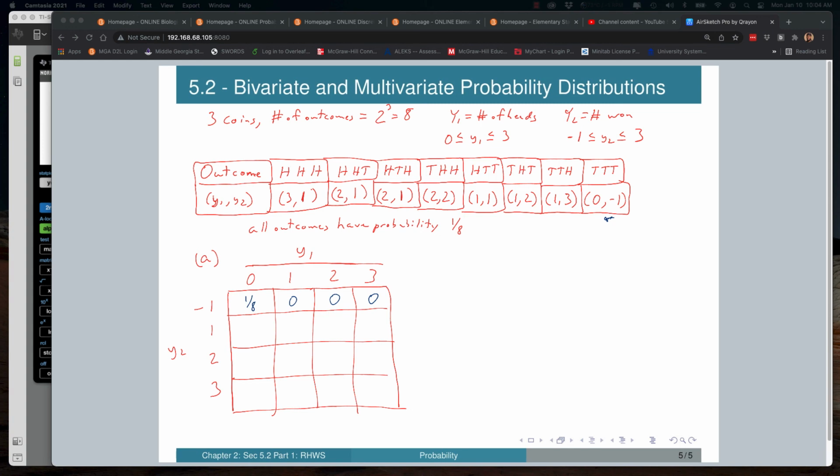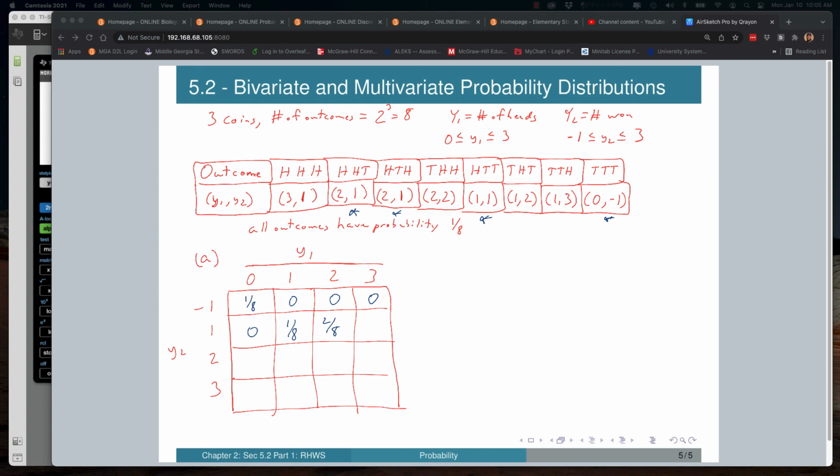Do we have a (0, 1)? We do not, so that gets a 0. Do we have a (1, 1)? We sure do, so that gets a 1/8. Do we have a (2, 1)? We actually have 2 of those, and just for keeping in the realm of eighths, we're going to write that as 2/8, even though that's a quarter.